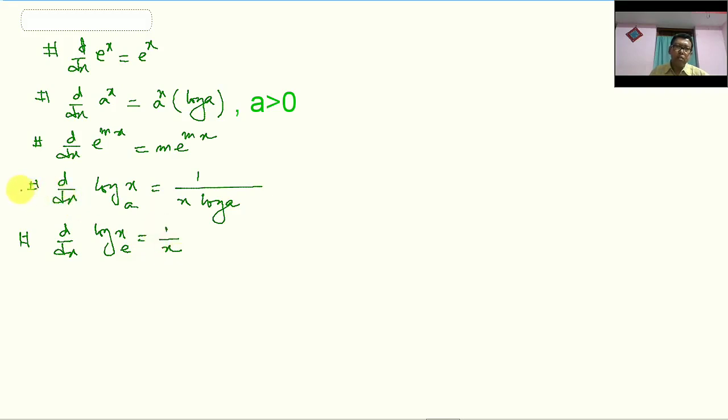Now on this one I can write, it actually comes from the chain rule, so it should be discussed. Suppose we take an example: d/dx of log x base 10. You can write it as d/dx of log x base e into log e base 10.